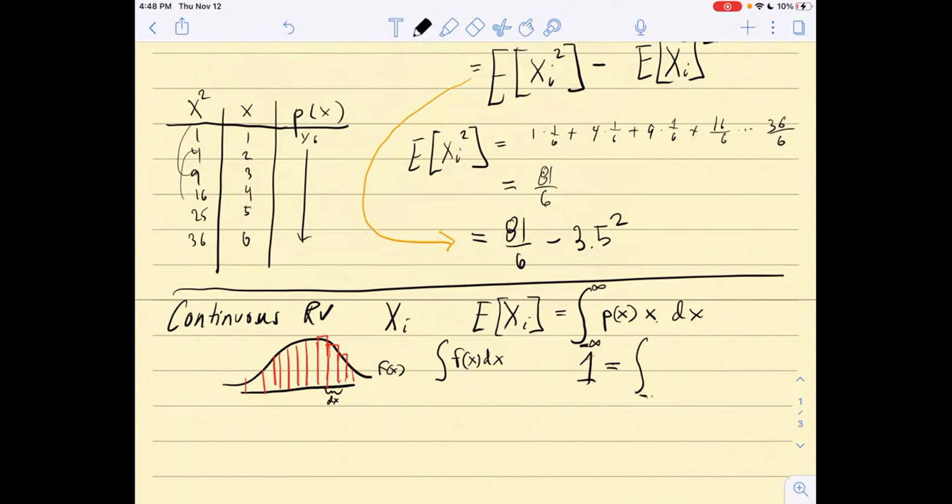You're completely right that the integral of the probability curve is 1. The integral of the entire density is 1. But what we're doing, just like for expected value, is multiplying the density at a point times the actual position of the point. And what we're getting there is really just a weighted average of our position.